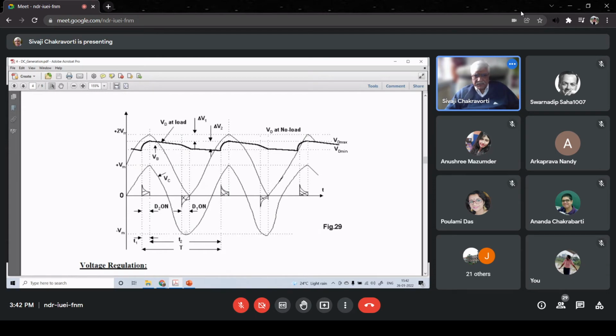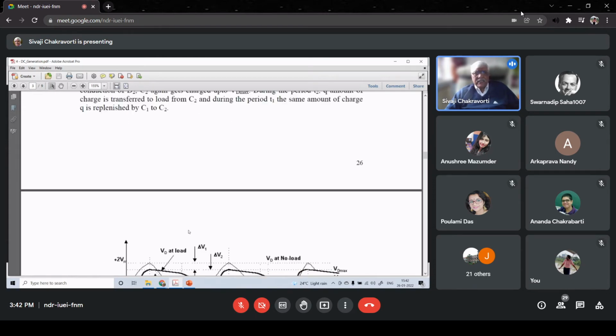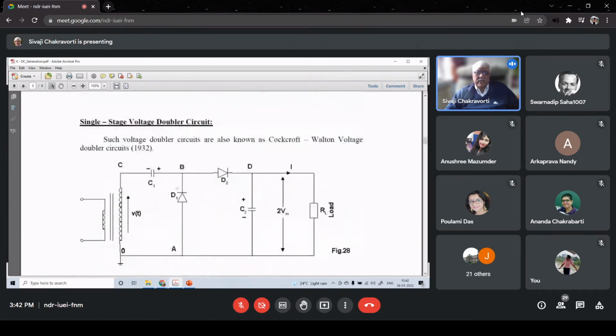But a very interesting thing happens the moment D1 is conducting. What is happening to C2? C2 is finding that there is a high resistance on its right side through RL, and on its left side, it has the very big reverse resistance of D2, but D1 is forward biased, so no resistance. When both are reverse biased, on the left side of C2 there are two reverse biased resistances.